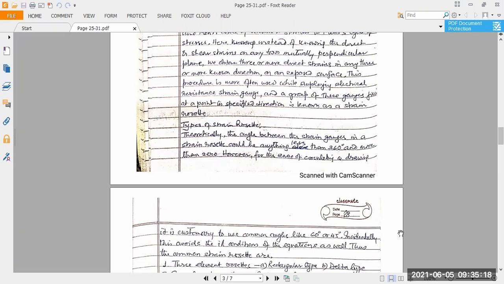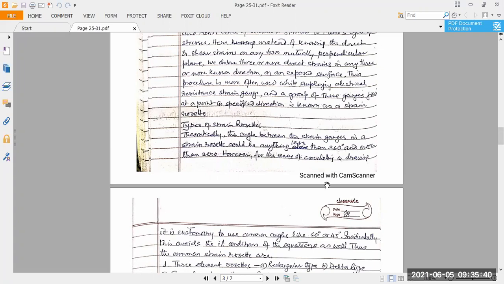We are finding a point whose strain we are going to measure in three directions, and in three specified directions you have to put the strain gauges. This total system of strain gauges, which is measuring the displacement of a particular point over a body, is defined as a strain rosette.